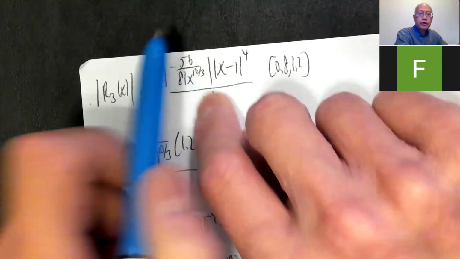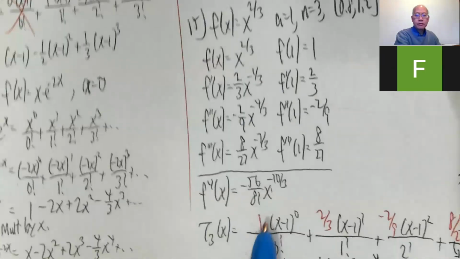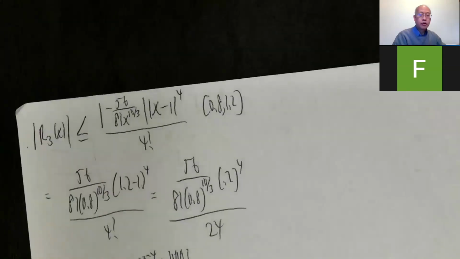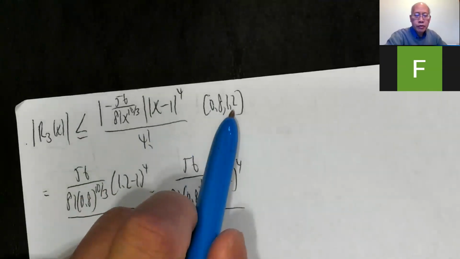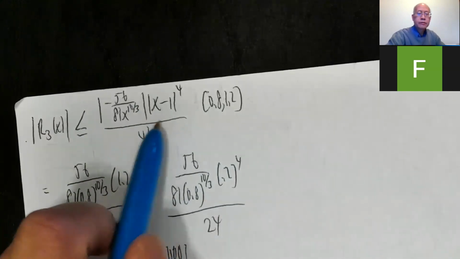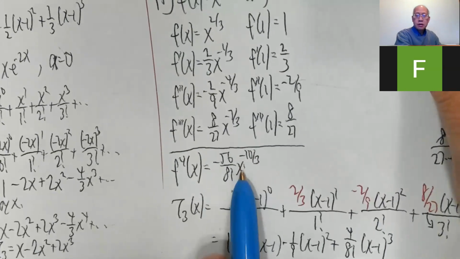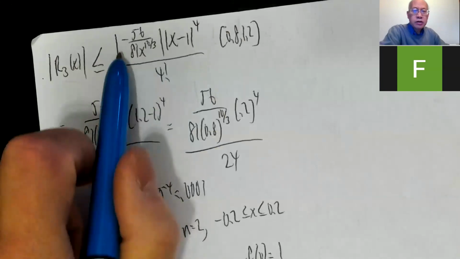I go to the fourth derivative over factorial, between 0.8 and 1.2, in absolute value. Now, x to the power of -10/3 means put x to the positive 10/3 in the bottom, and because of the absolute value, I can drop the negative.